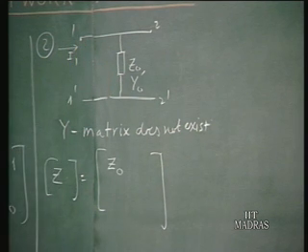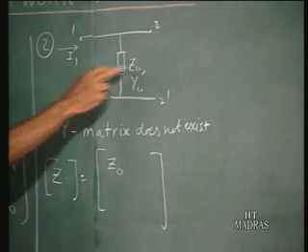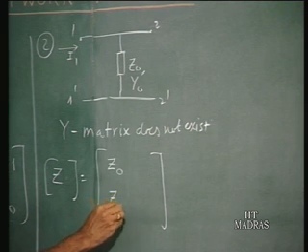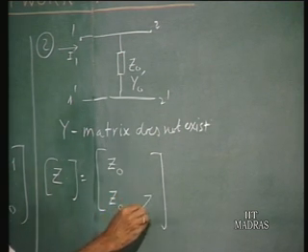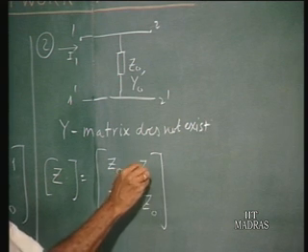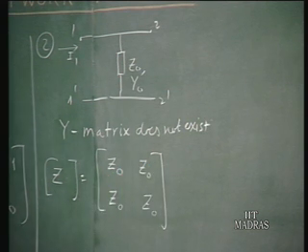Therefore V2 divided by I1 when I2 is 0, that is the value of Z21, and it happens to be equal to Z0. Therefore this is also Z0. And again this is a symmetrical reciprocal network. If you calculate Z22 and Z12, they will also be the same. So for a simple 2-port network constituted by one shunt impedance, this is the Z matrix for this.